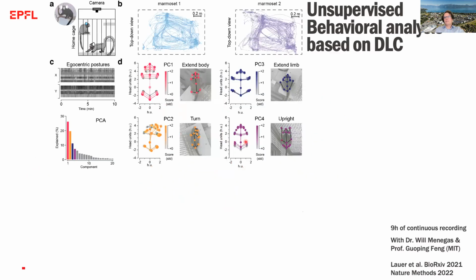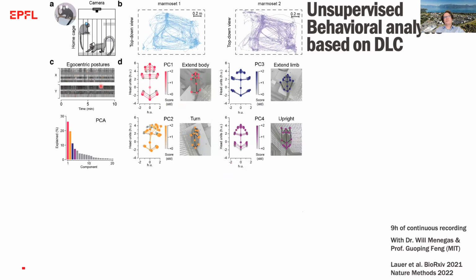And just as a small appetizer of day 4 of this course, where we will talk more about unsupervised behavioral analysis, I wanted to show the last figure of the Lauer et al. Nature Methods paper, where we actually looked at 9 hours of continuous recording of marmosets. Here you see the trajectories of 2 marmosets. Here are the egocentric postures.